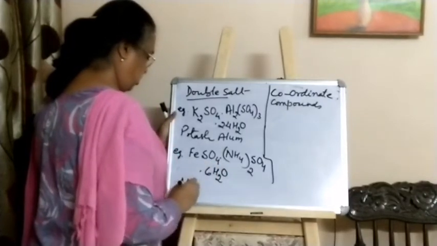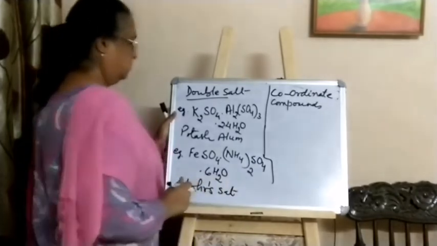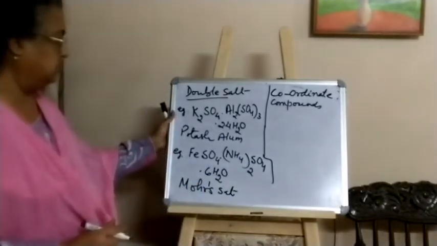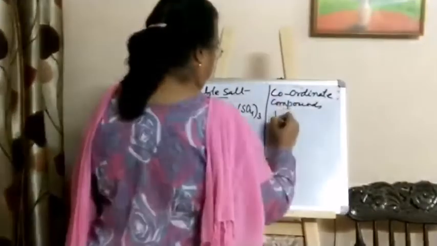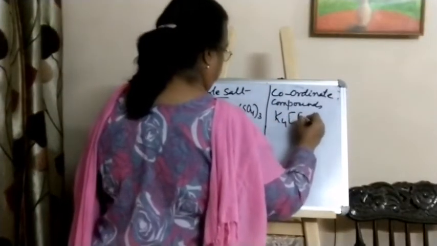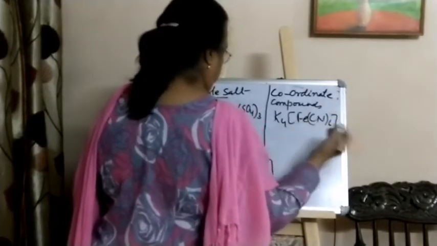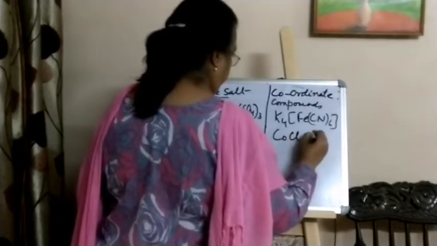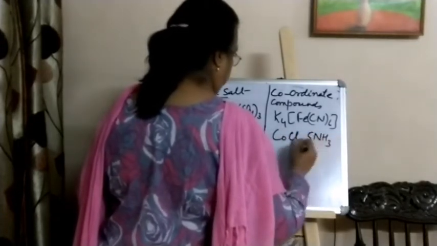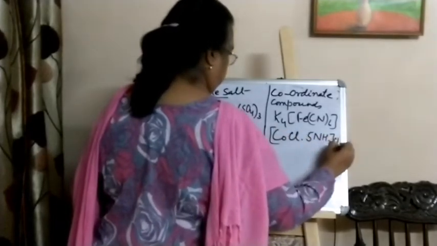This is also called Mohr's salt, ferrous ammonium sulfate. And coordination compounds, many examples you know, K4[Fe(CN)6], and today you have seen [Co(NH3)5Cl]Cl2.